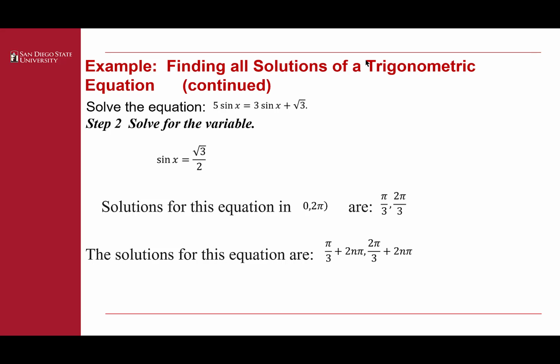But if we do not limit the equation, we get pi over 3 plus 2n pi for any integer value of n, and 2 pi over 3 plus 2n pi for any integer value of n as the solutions. This is the generalized form of the solutions of this equation when the angle variable is not limited with values from the unit circle.